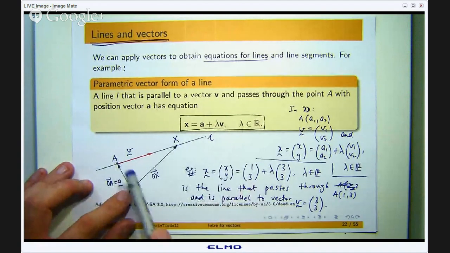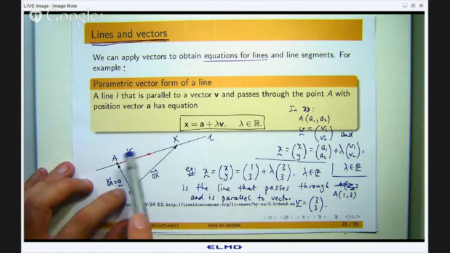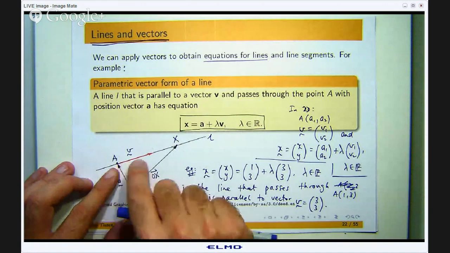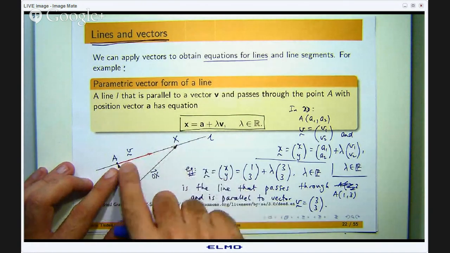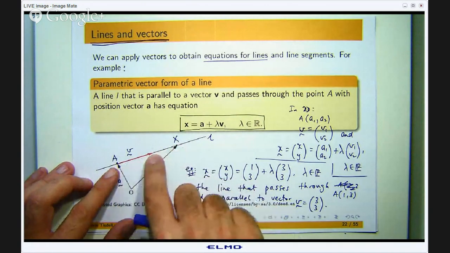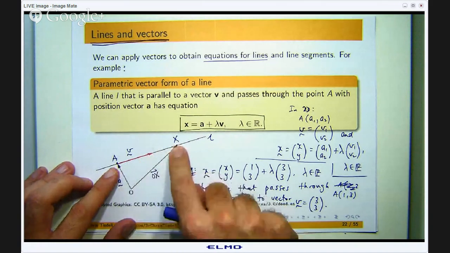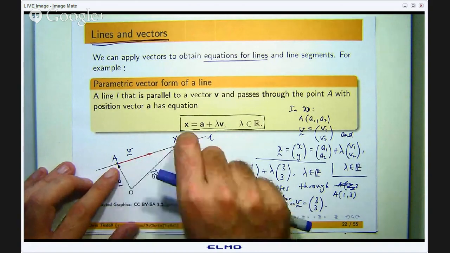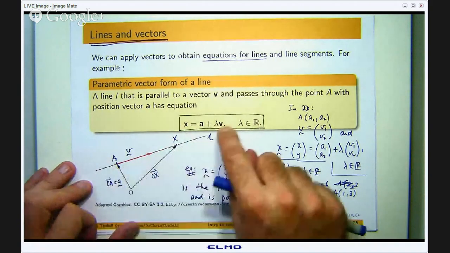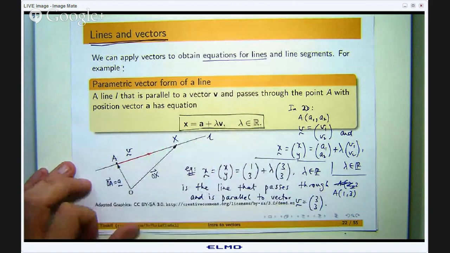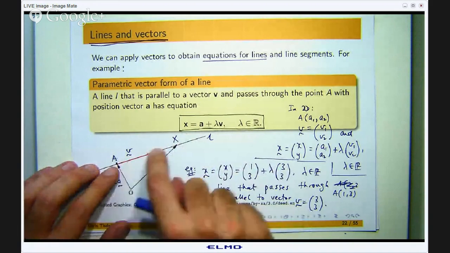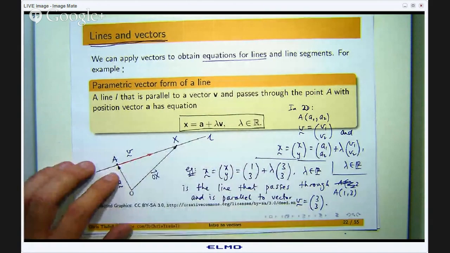If I know a point on the line, I can form the vector OA, that's just this vector here. And if I know a vector that's parallel to the line, to get to this point X, I just stretch, in this picture, I'd stretch the vector V. So it's a bit longer, and it just gets me up to that point. Okay, now just by stretching and compressing V, I can get to every point on this line. And then just using the triangle, this equals this plus whatever the scalar is times V. That is the equation for the line.